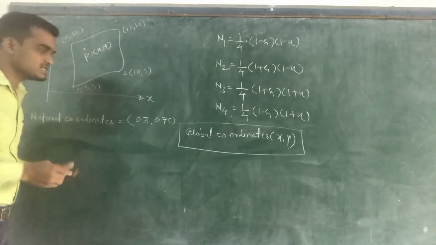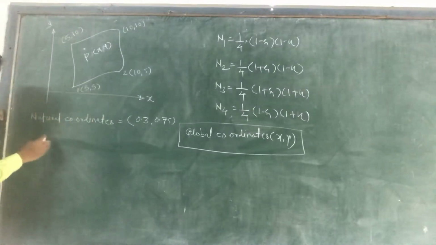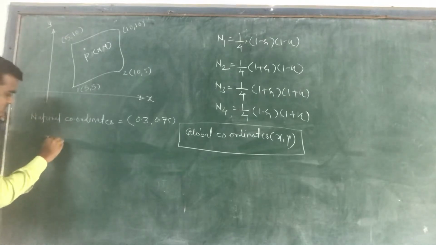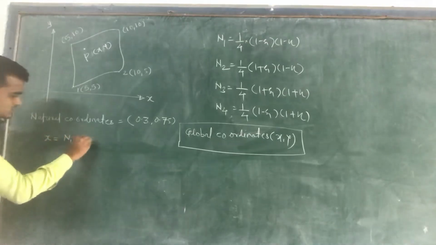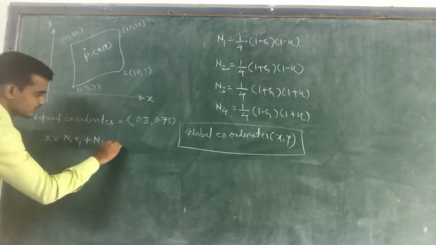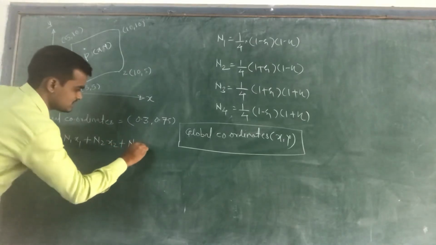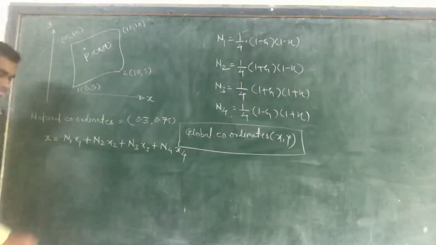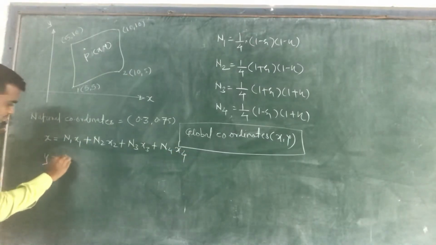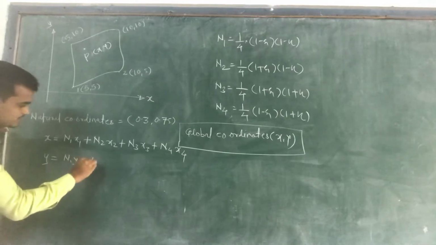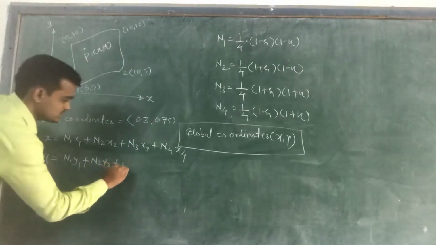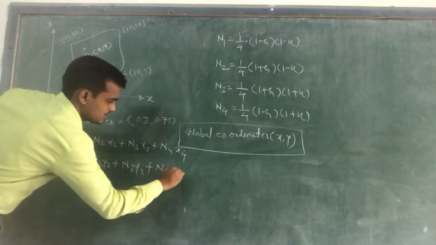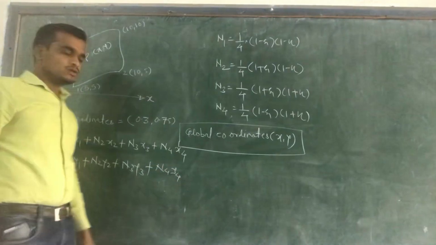So how to find out x and y? As this is a rectangular system, x is equal to n1 x1 plus n2 x2 plus n3 x3 plus n4 x4. Similarly, y is n1 y1 plus n2 y2 plus n3 y3 plus n4 y4.